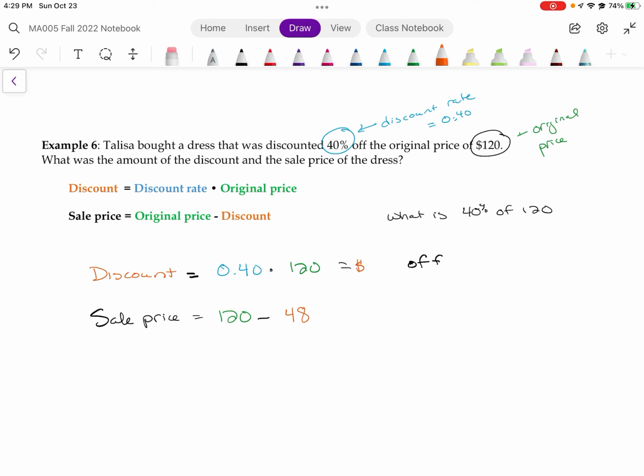The discount is $48, and that is how much you take off the price. So the sale price is going to be $120 minus 48, which is $72. So that is the sale price. Make sure you've got that all straight. Okay? So the discount is 48 and the sale price is 72.